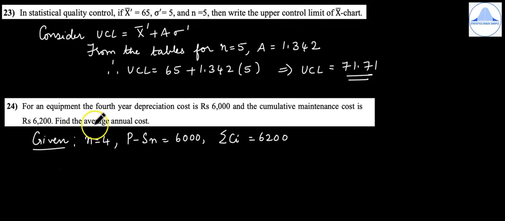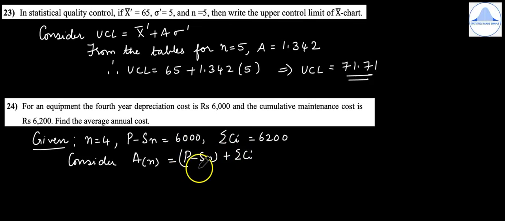So let us first write the formula for the average annual cost. Consider An is equal to P minus Sn plus summation Ci divided by n. Therefore, the average annual cost for the 4th year, in place of n, you write 4.